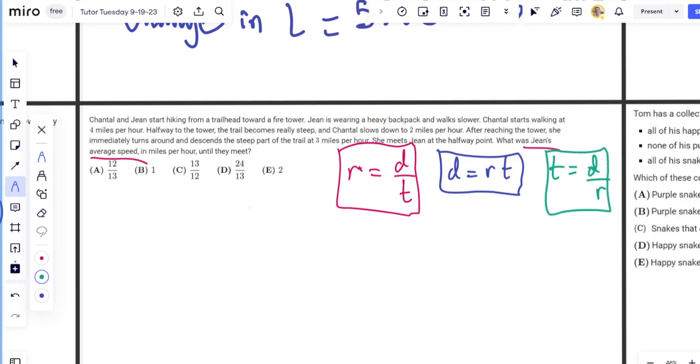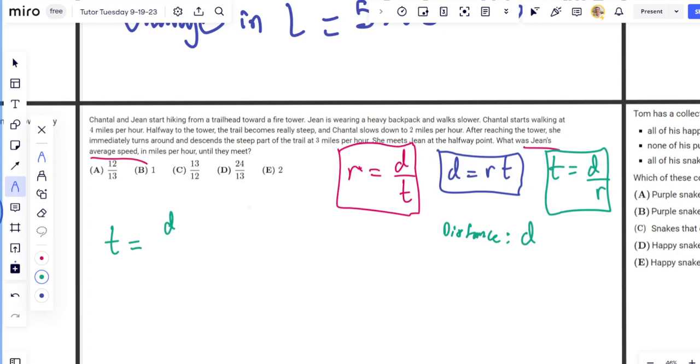What I'm going to do is put it in terms of this equation first. So the time they traveled was equal to distance over the rate. The distance, let's just call that d. That's an unknown. We have a couple unknowns here.